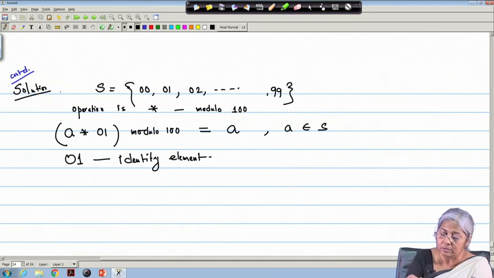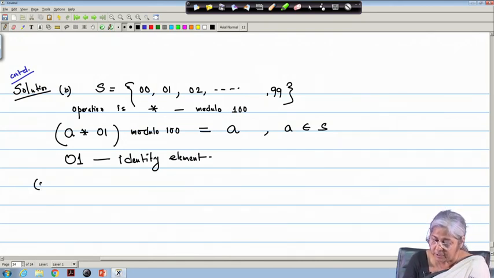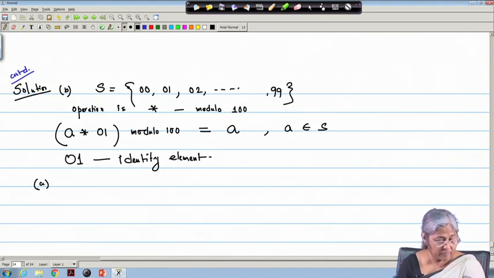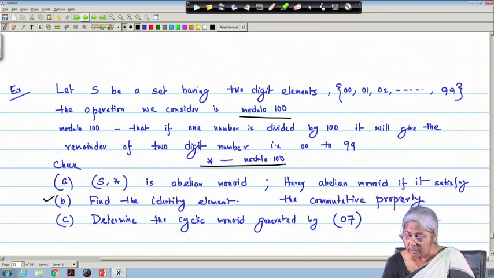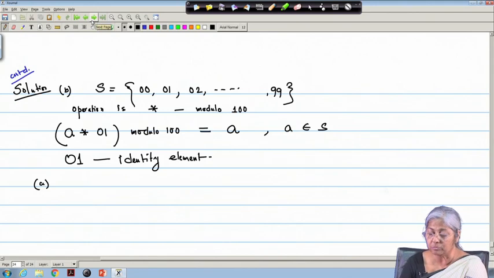This is actually the answer of B. Now we check whether it is abelian monoid, that means whether it is commutative or not. First, it is closed and it has an identity. We have to see whether it is associative or not.